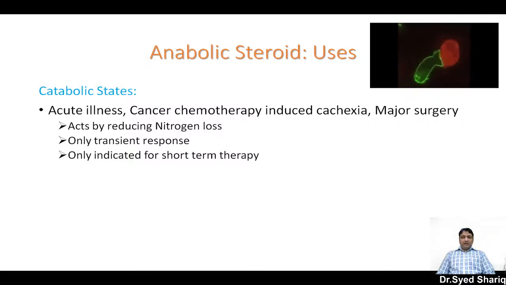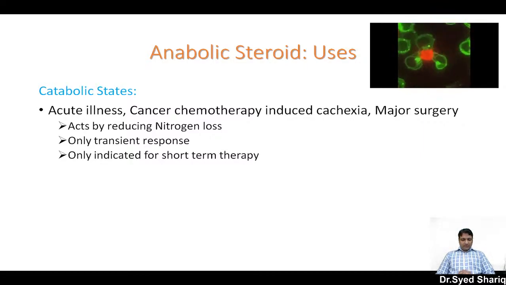Then there is a slight problem, and we'll discuss this in the adverse drug reactions, that this increase in the muscle mass and decrease in the nitrogen loss is transient in nature. That means it can only work for a shorter period of time. On a long-standing process, it might not be very effective.